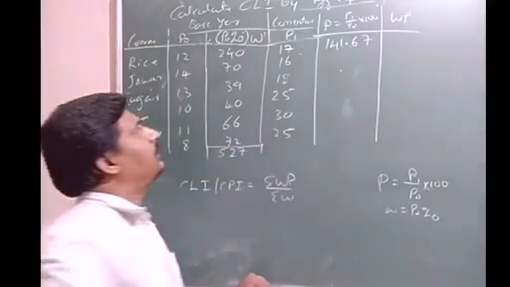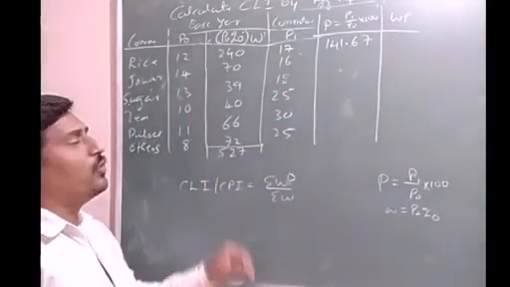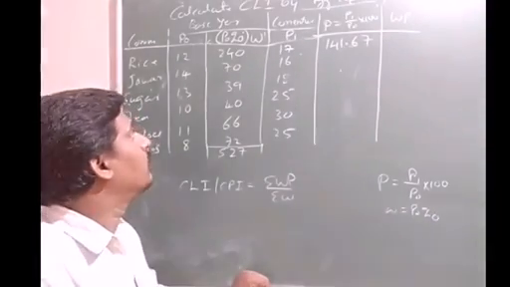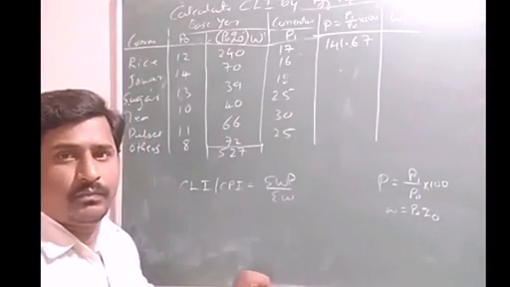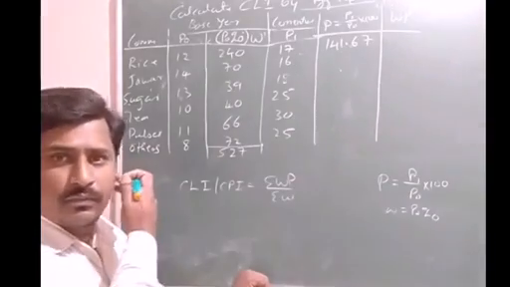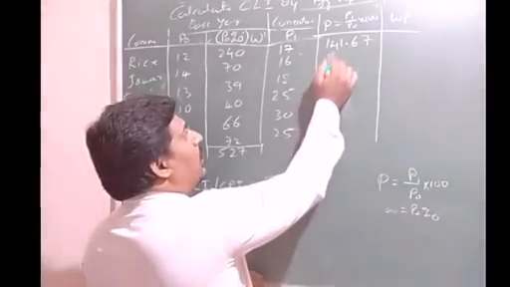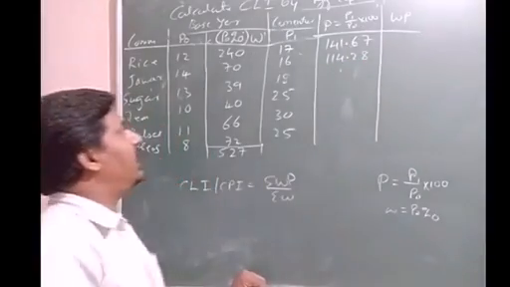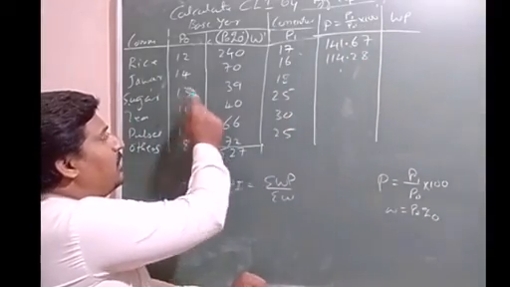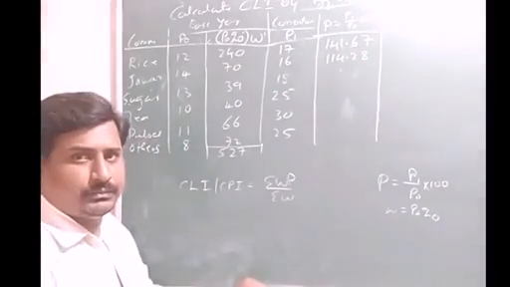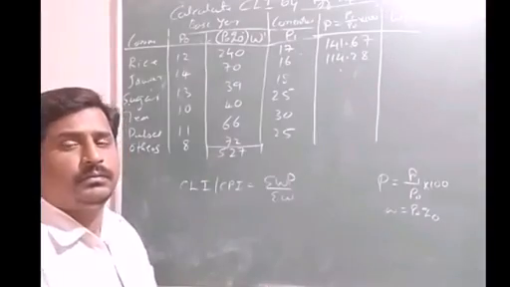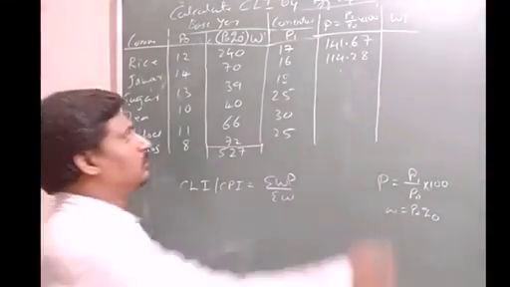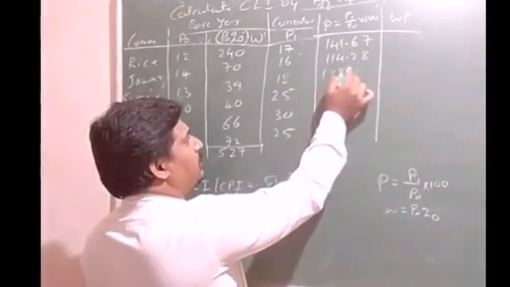Next, 16 divided by 14 into 100, 114.28. Next 18 divided by 13 into 100, 138.46.